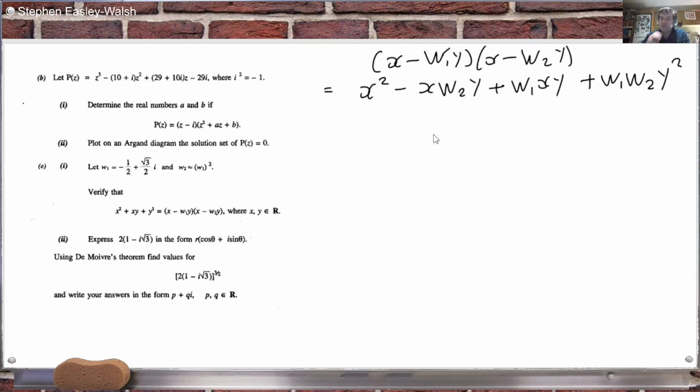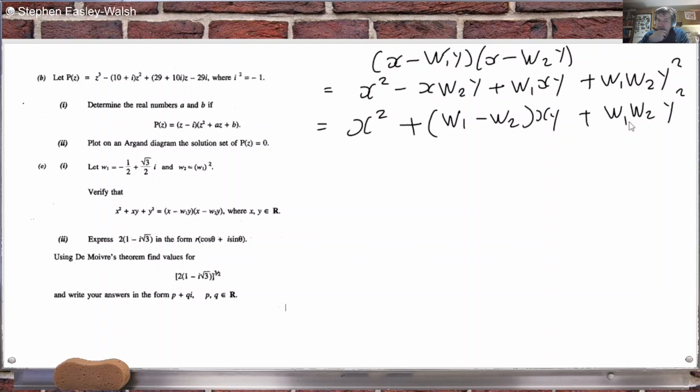Although, actually, minus xy, oh. Well, you know what I can do? I can factor out here. I can say this is minus w1 plus w2 xy plus w1 w2 y squared. So I guess I'm finished if I can show that w1 plus w2 is 1 and w1 times w2 is also 1.